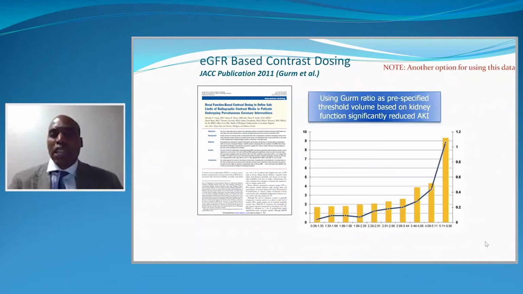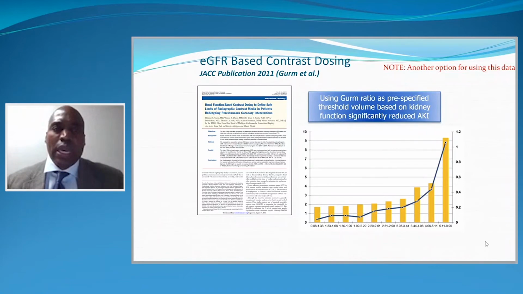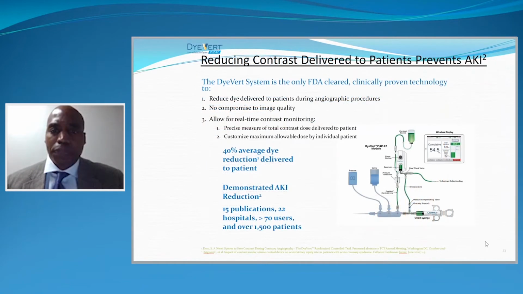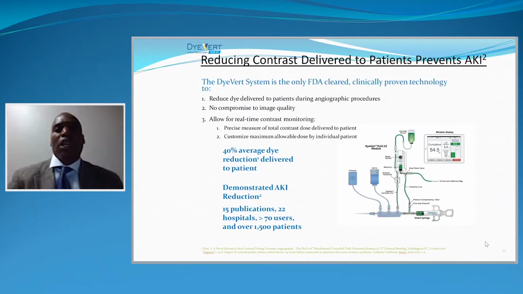This slide also just reiterates the previous slide, looking at the ratio of contrast volume to the creatinine clearance, and just further illustrates that the more contrast you use, the more likely acute kidney injury is to occur. So reducing contrast delivered to patients prevents acute kidney injury.